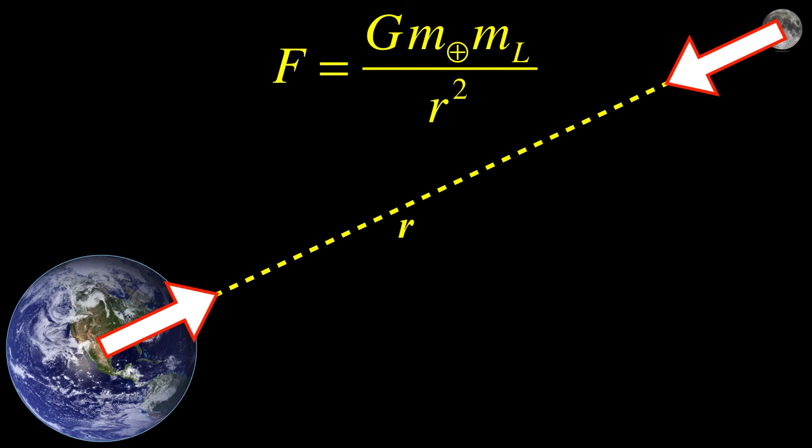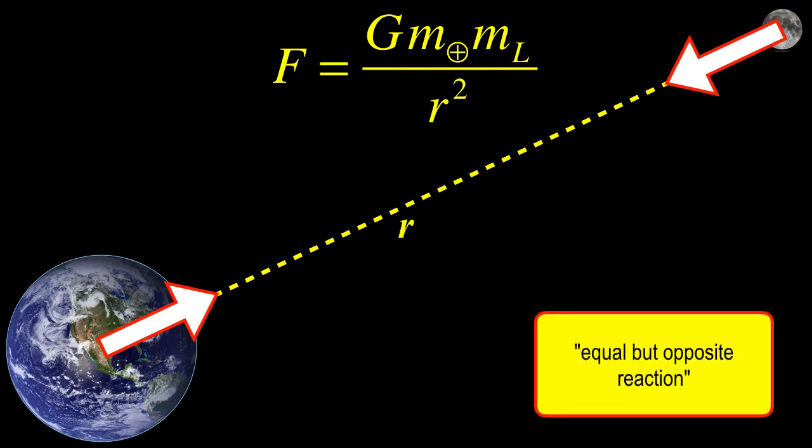They're orbiting the center of mass of the two objects, which is pretty close to the center of the Earth because Earth is so much more massive. But this is the equal but opposite reaction. You've heard that, Sir Isaac Newton's third law of motion: for every action, there's an equal and opposite reaction. Those two forces are equal in size, but opposite in direction.